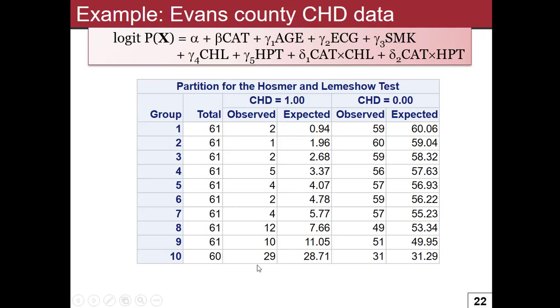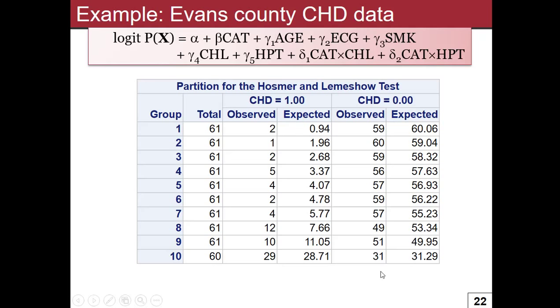Here, this is the high-risk group, and of the 60 people, 29 had heart disease in reality, and the sum of the 60 predictions for those people was almost 29. So you might say, hey, that's pretty good. On average, when I split up the data into this pretty 10-row table, the total of the observed events was very similar to the total of what the model predicted for those very same people.